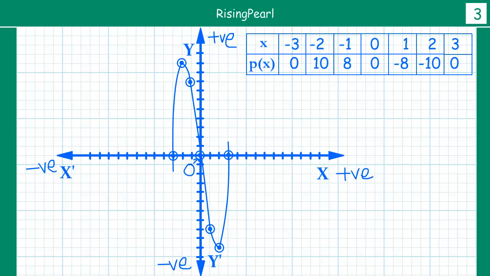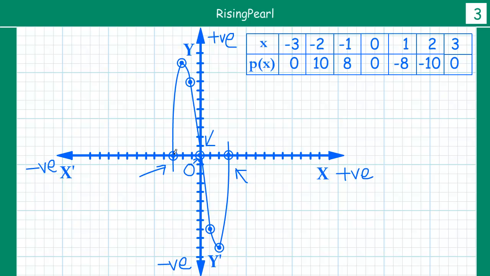Now what I want you to do is pay particular attention to these 3 points. Which are the 3 points? They are this point, and this point. Why don't we write these points?